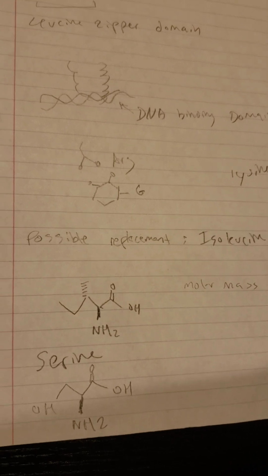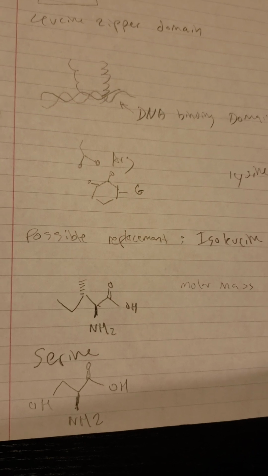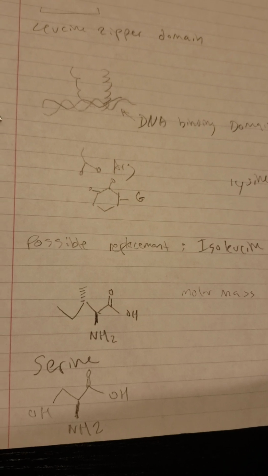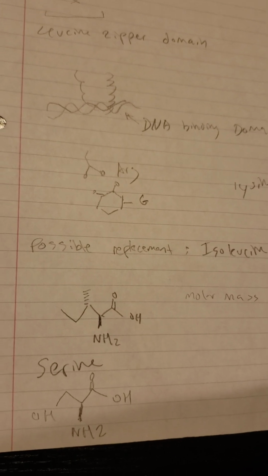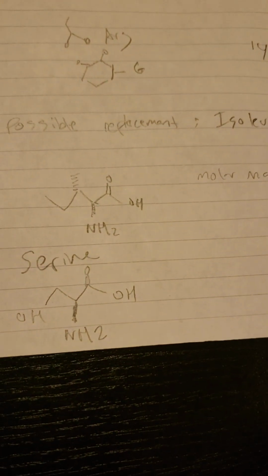By introducing serine into the hydrophobic amino acid sequence, it would cause the amino acids to be exposed to the aqueous environment instead of staying together. And here we have the structure of serine, as you can see.